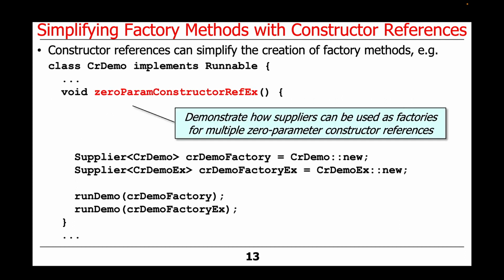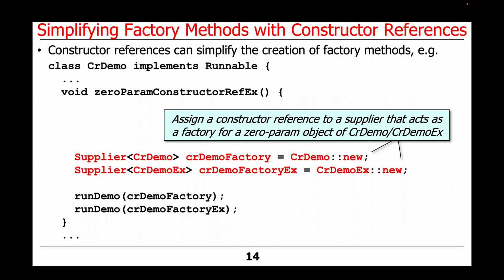Let's take a look at the zero param constructor ref EX constructor, which demonstrates how suppliers can be used as factories for multiple zero parameter constructor references. As you can see down below, we define two objects, CRDemo factory and CRDemo factory EX. Both of these are suppliers.